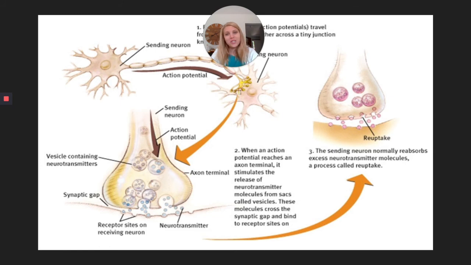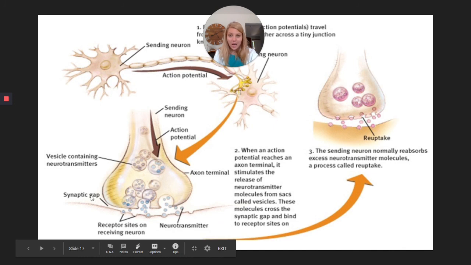So even though we talk about how they attach to one another or they're sending messages from one to the next, they in fact don't touch. So this very, very small space in between the axon terminal and the dendrite of the receiving neuron, or the axon terminal and the muscle fiber, this small amount of space is known as the synapse or the synaptic gap.